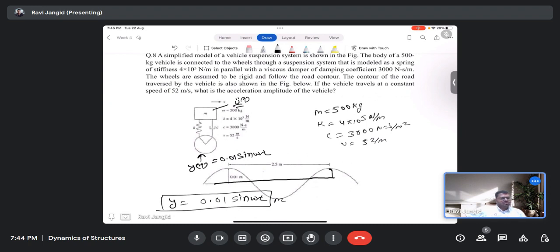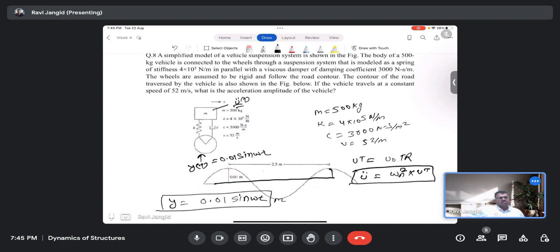First find the transmissibility, and transmissibility will give you the total absolute displacement at the top, u naught times the TR. And from u(t) you can find the acceleration, u double dot would be omega n square times u(t). So this will be my acceleration at the top.